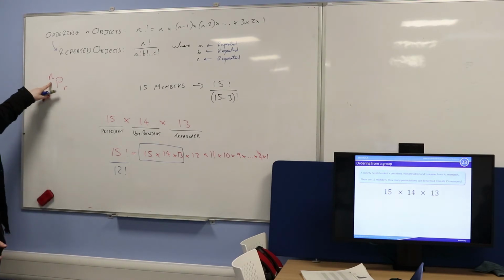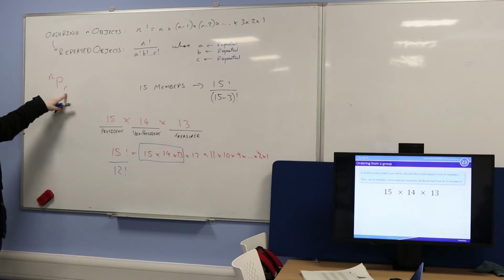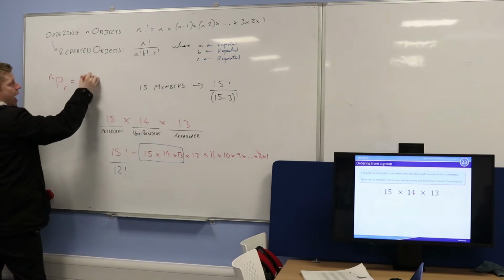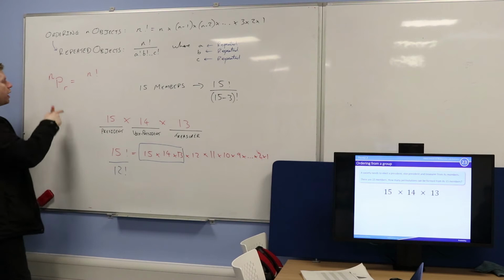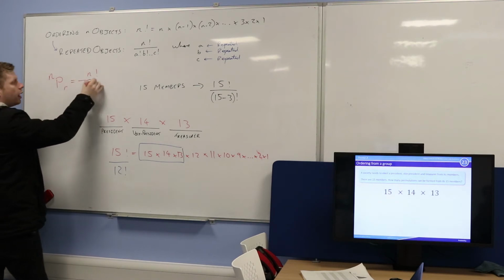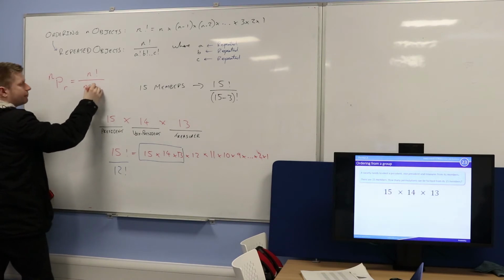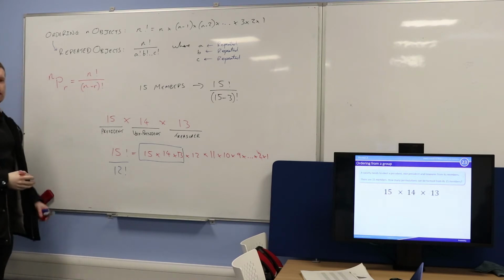So you have n people and you only want to order r of them, the rest of them you don't care about. You can say, using this idea, it's going to be n factorial, that's the number of different ways of ordering those n people, divided by n minus r factorial. That's the leftovers.